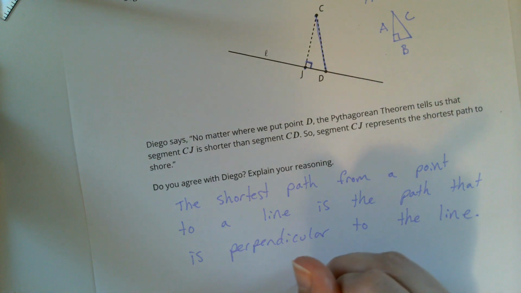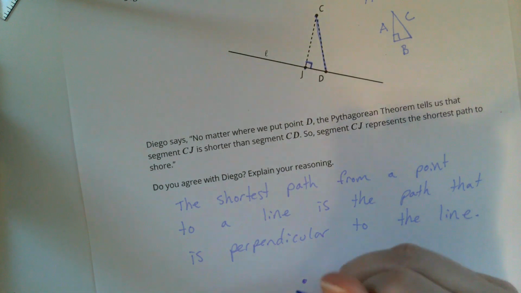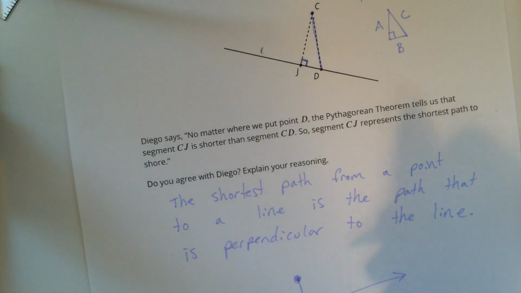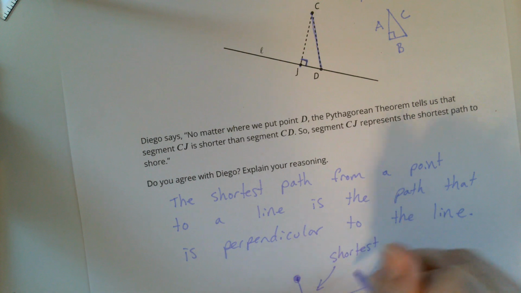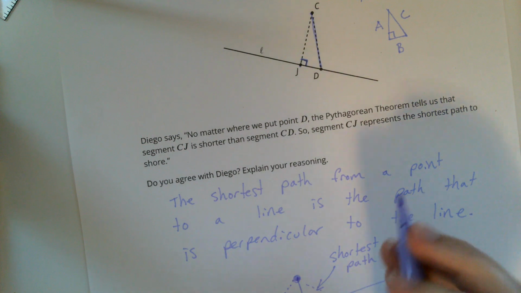For example, if we have our line here, our shortest path is going to be whatever makes a right angle, as opposed to going like this or like this.